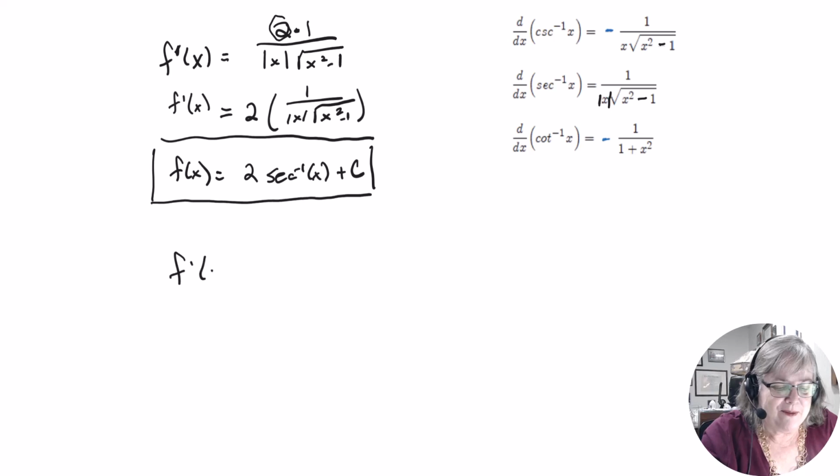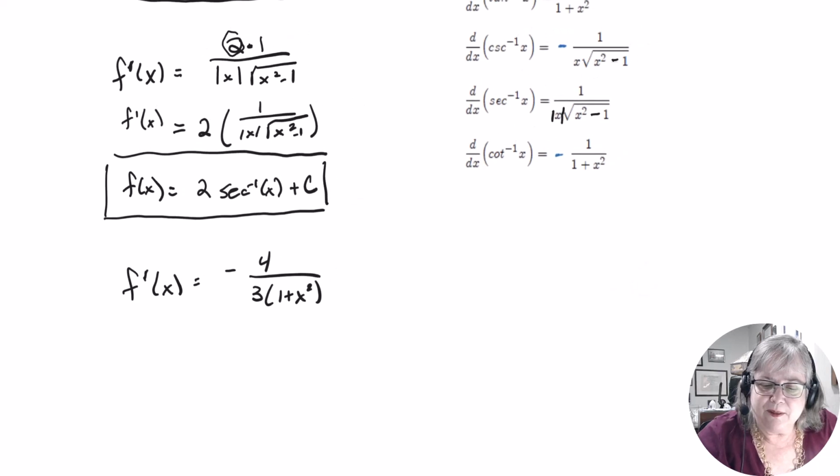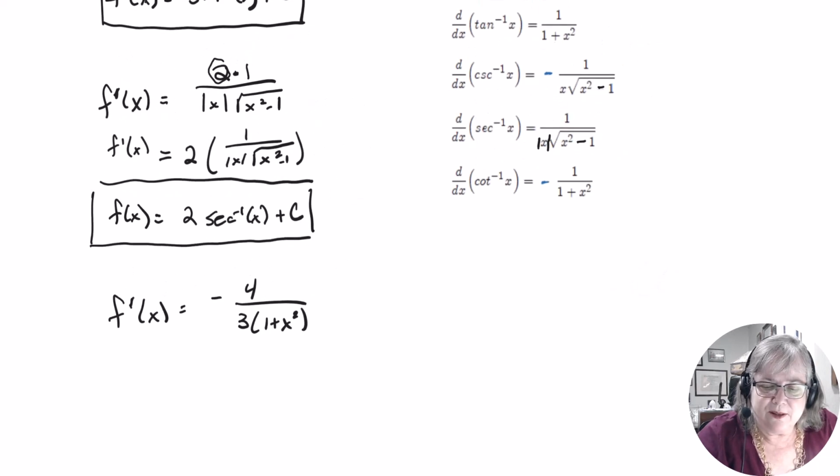So f prime of x is negative 4/3 over 1 plus x squared. So you go, well, let's look at the bottom. Here's my negative, here's 1 plus x squared down here, and what I don't have is that 1.